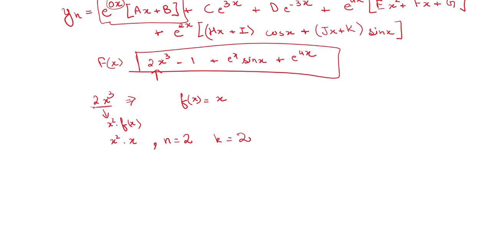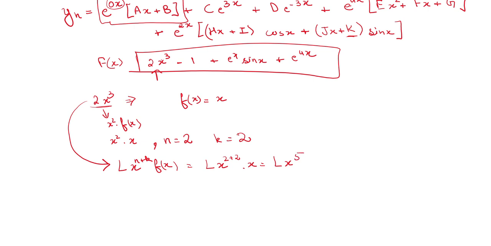Now, the form of this in our particular solution will be x raised to a power and some coefficient a. So x raised to the power n plus k multiplied by f of x, which is x raised to the power 2 plus 2, and f of x was x. So x raised to the power 5.